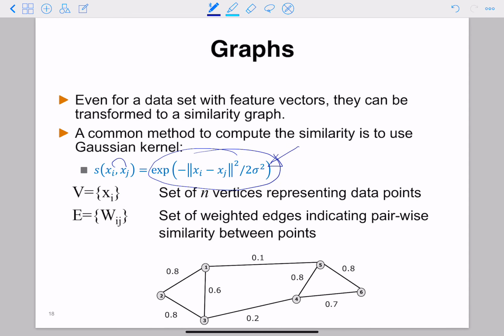But in general, if we are given a graph of four data items, some values are given, but some other values may not be given as well, right?